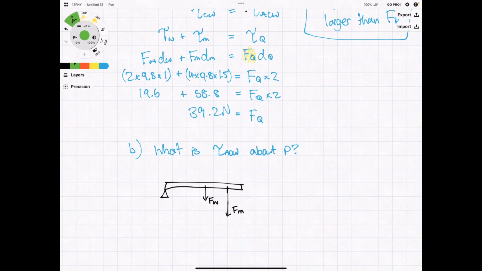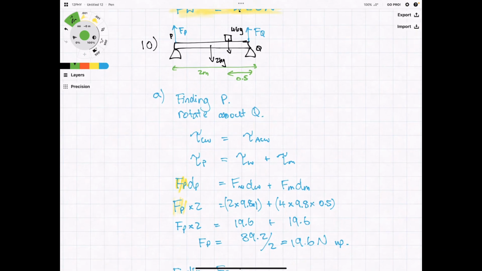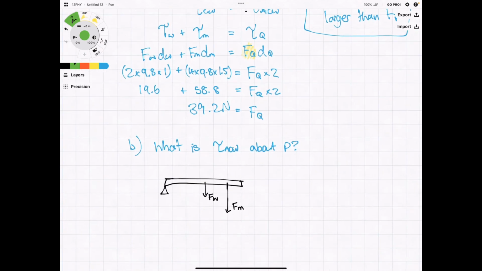Okay, remembering that we have our distances 1 meter and 1.5. So that's 1 meter. This here is 1.5. And we want to know what are those anti-clockwise torques about P.